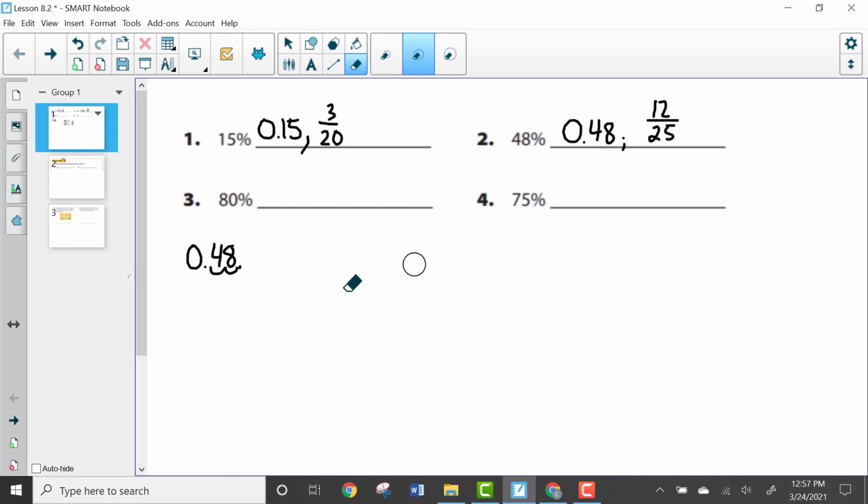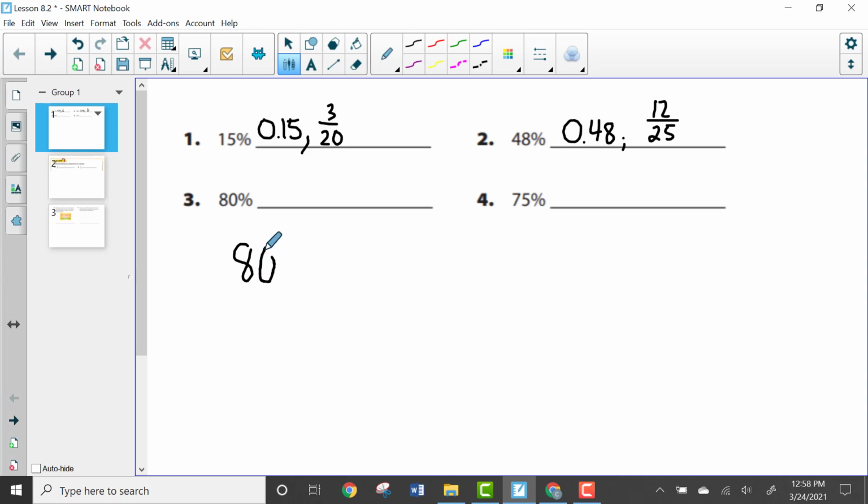Let's take a look at 80%. Again, we take that 80%, write the 80, the decimal is right here, move it 2 places to the left. We have 0.8 now for our decimal. We don't need the 80 there.